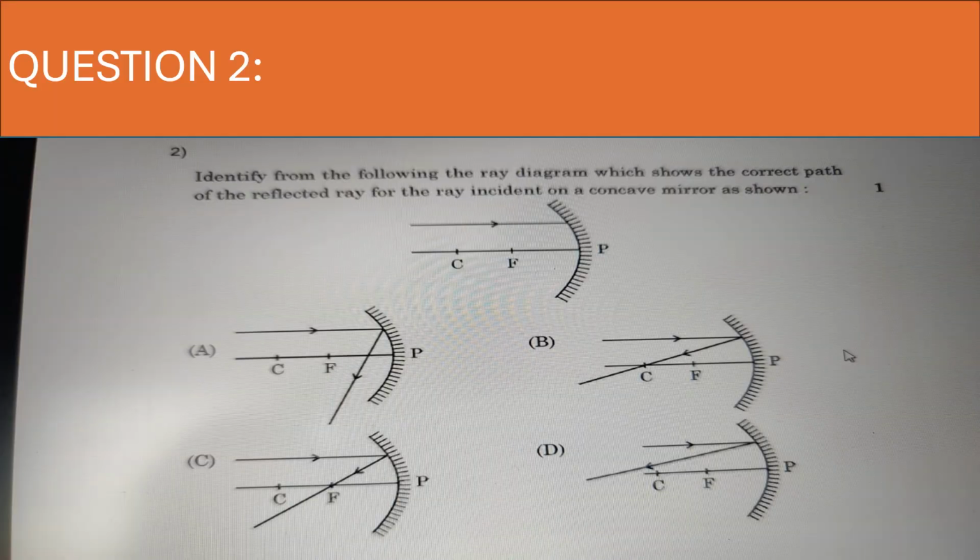Question number 2. Could you see some ray diagrams on the screen? These are all important questions shared for practice of the ray diagram. You need to identify from the following ray diagrams which shows the correct path of the reflected ray for the ray incident on a concave mirror as shown. In part A, the ray is reflected but not passing through the focus.